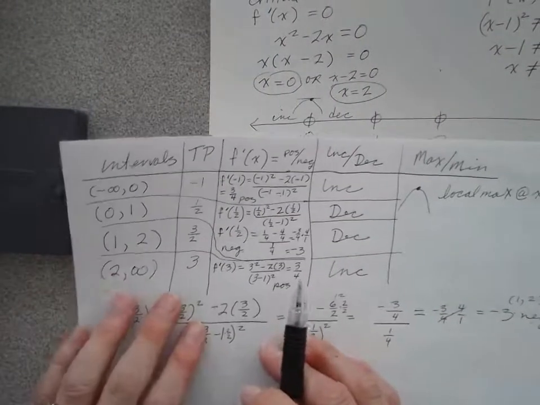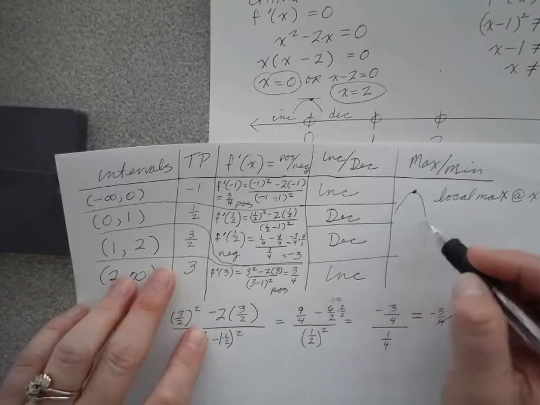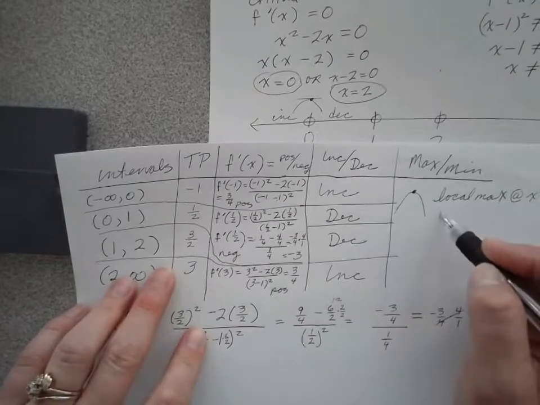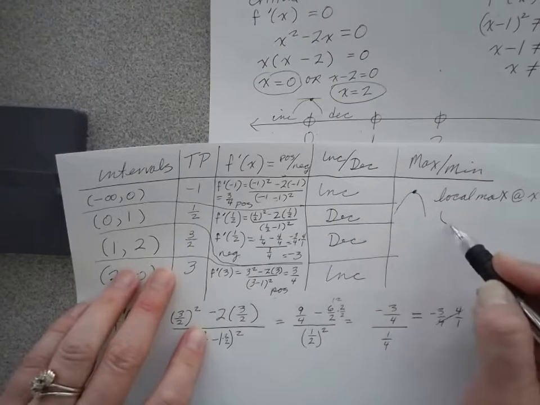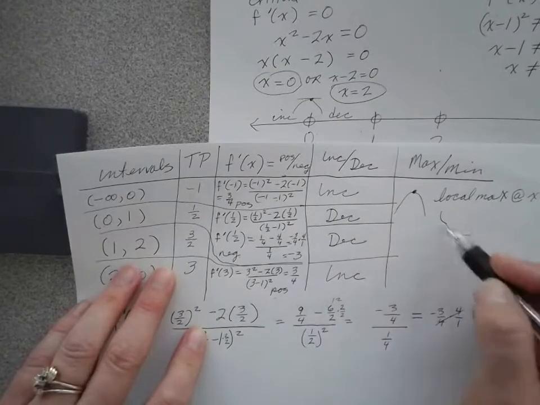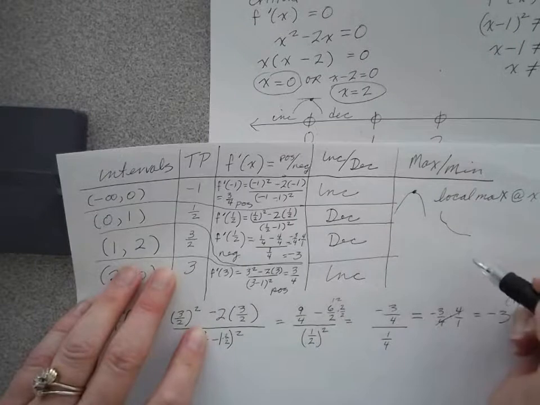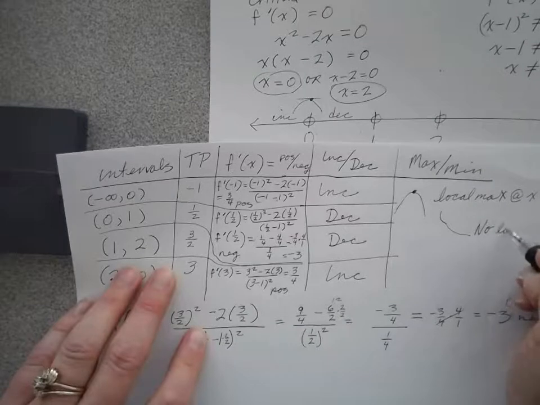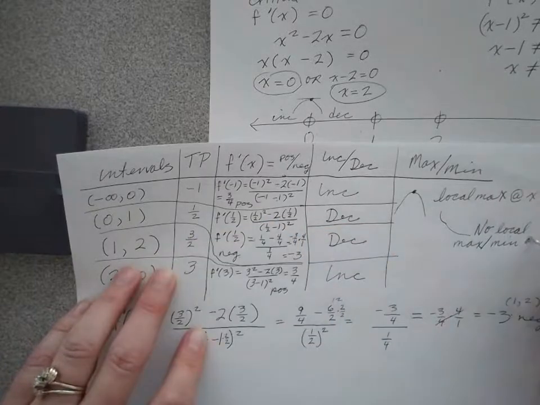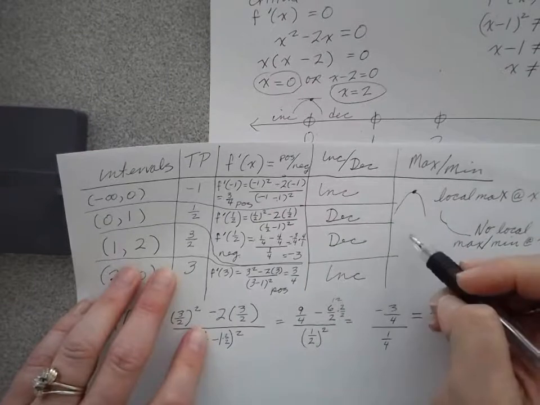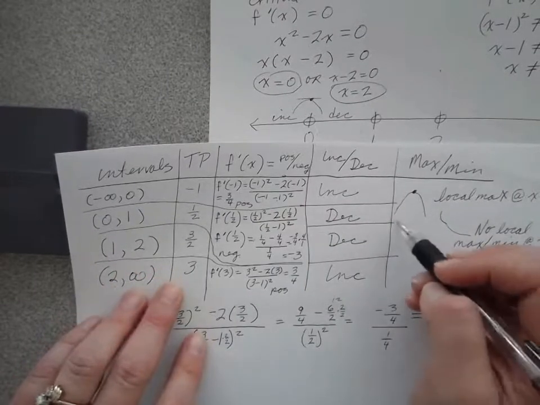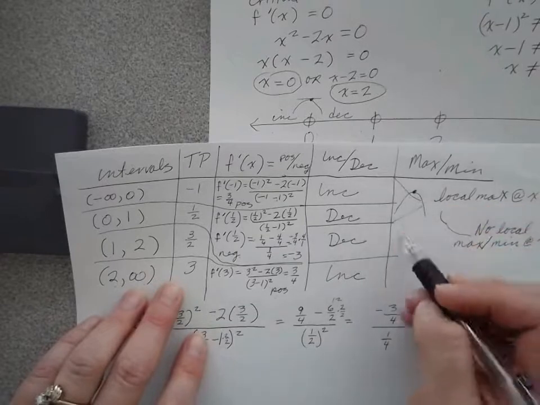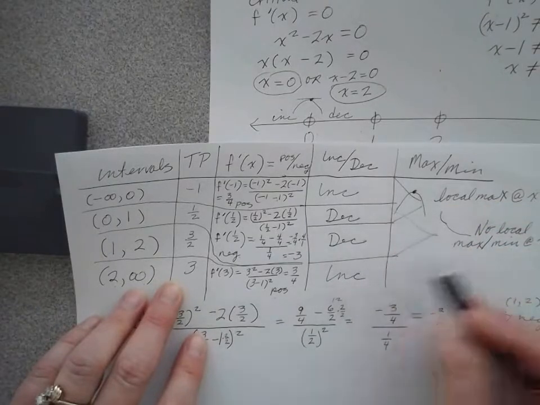All right, then between 0 and 1, it's decreasing. And then it keeps on decreasing from 1 to 2. So it's still decreasing. So if it's decreasing and decreasing, there's no local max or min there, at x equals 1. Okay, and then between those two there's no max or min.